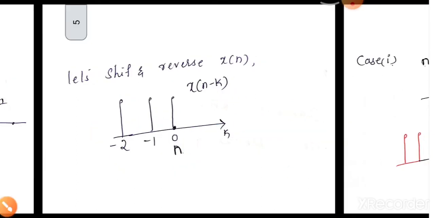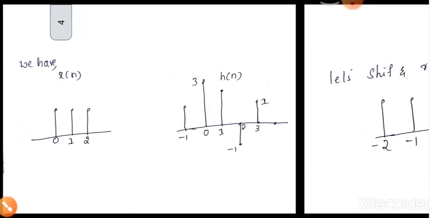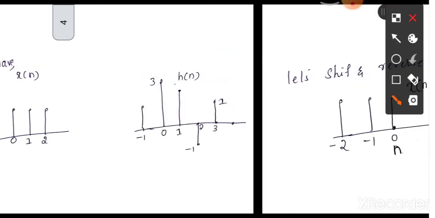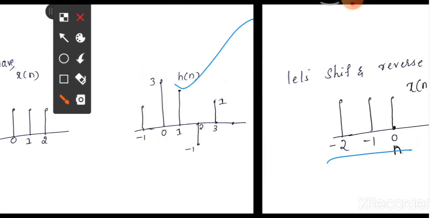Now let's take h of n, which will remain constant. Keep this constant and take this signal and verify. You can take it as the n point, and its end point name will be n minus 2.